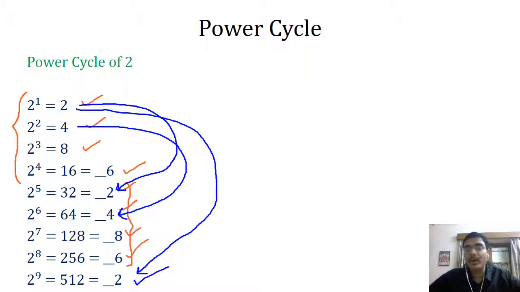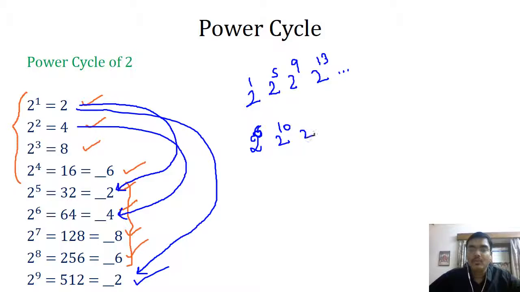So 2 to power 1, 2 to power 5, 2 to power 9, 2 to power 13 and so on, they all will have the same unit digit, that is 2. Similarly, 2 to power 6, 2 to power 10, 2 to power 14, they all will have the same unit digit as that of 2 to power 2, that is 4.